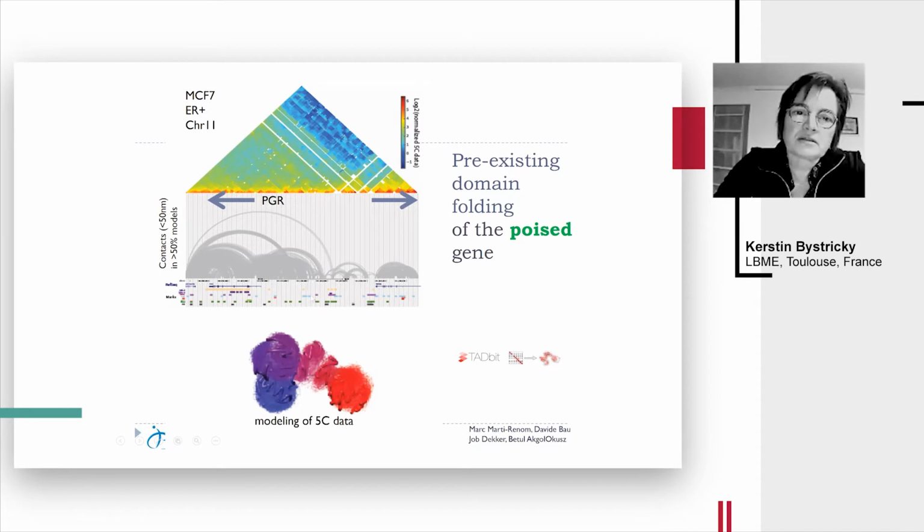So you can see that this region, even in the absence of estradiol, so the gene is not transcribed, has some pre-existing organization. You have specific areas that tend to interact with the body of the gene and not at all with the neighboring TAD, but with areas within this regulatory region.